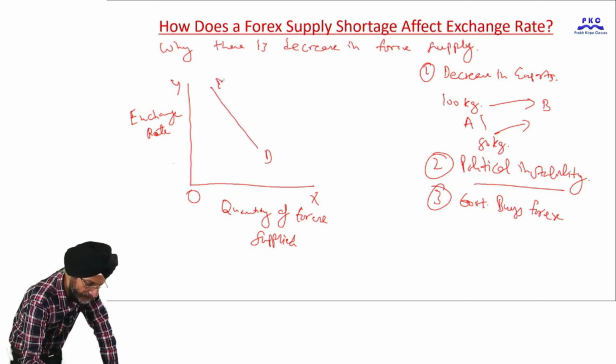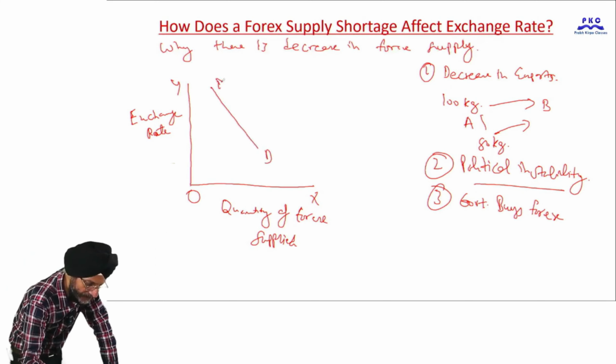It means that earlier we used to pay 83 to get $1. Now we have to pay say 86. We are just taking an example. Earlier we were getting $1 for 83 rupees, but now to get $1, we will have to pay 86 Indian rupees.